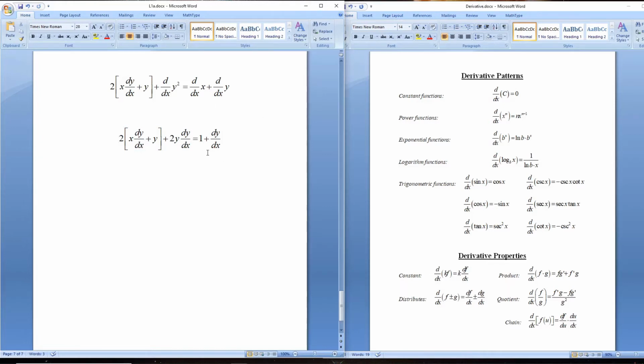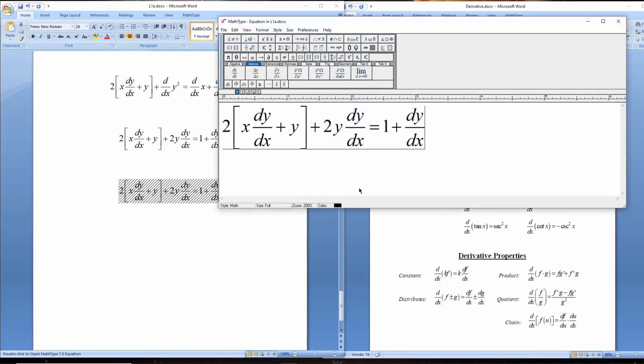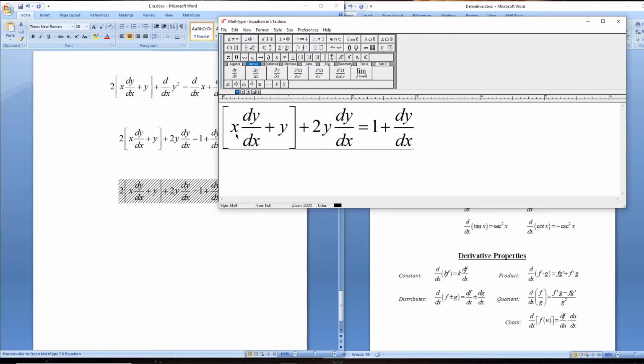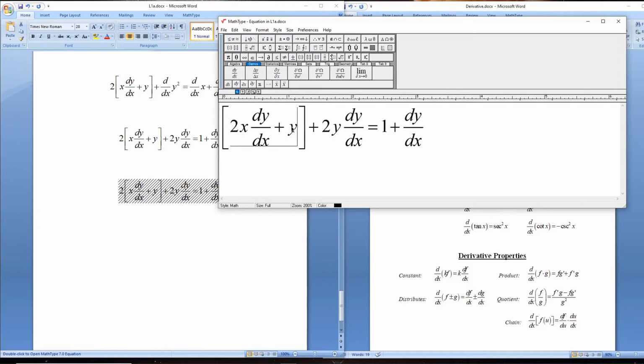Now what's left is to solve for dy dx, which is that algebra. And how are we going to do that? Well, we're going to gather all our dy dx's on one side so that we can isolate it. First thing I'm going to do here is distribute this 2 back in here so we can separate these terms out. So I'm going to stick that 2 in there. And because we distributed, we don't need that parentheses anymore.